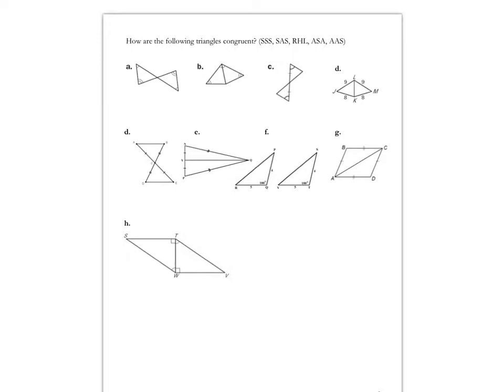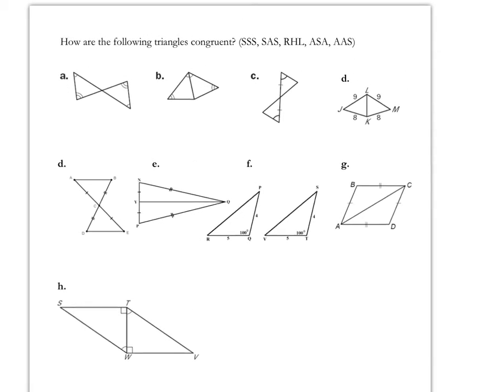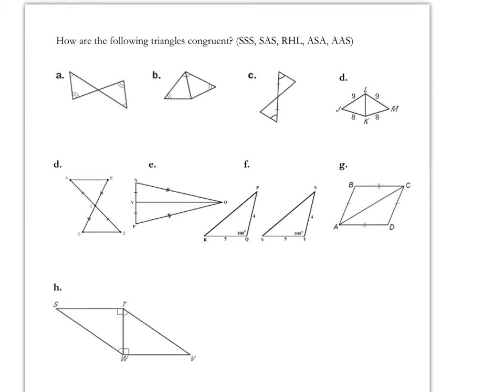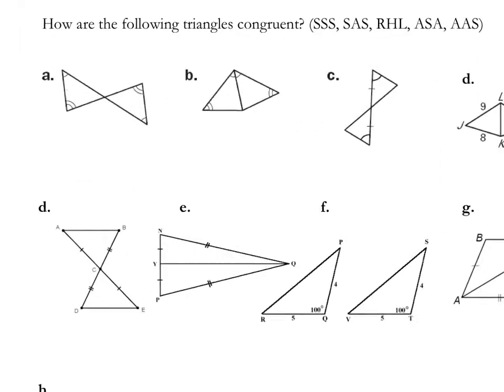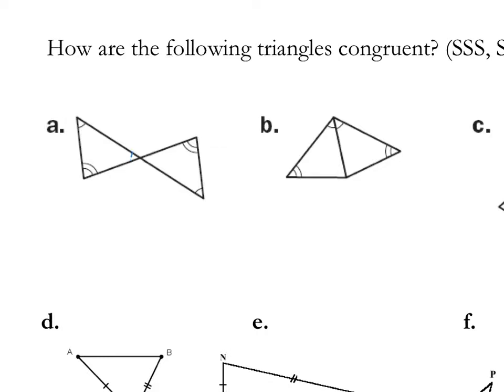So now let's practice those 5. I wrote those 5 up at the top. Let's see if you could go through and put in extra tick marks. What I mean by extra tick marks is if you look at A, I also have vertical angles. B, you have reflexive.